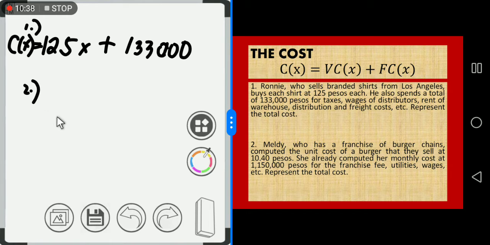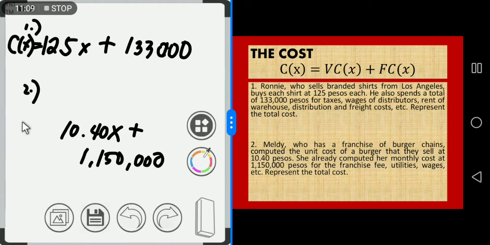So again, dahil kada burger will require her 10 pesos and 40 centavos, so 10 pesos and 40 centavos times the number of the burgers. Then, fixed cost naman niya. So, ang fixed cost naman niya every month is 1,150,000. So, all we have to do is to add that. 1,150,000 pesos. And that will be the cost function.